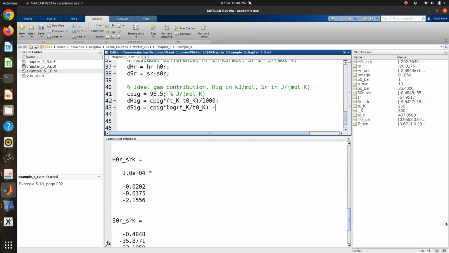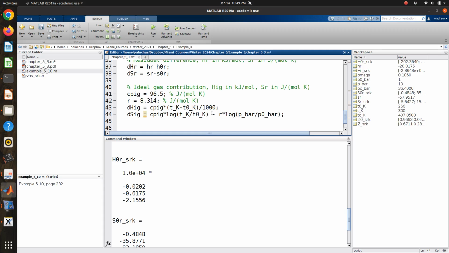Minus R, okay, I need to define R, 8.314. Bam. And so R times log P bar divided by P naught bar. Okay, and I just need to make sure I'm using absolute pressures in the same units.